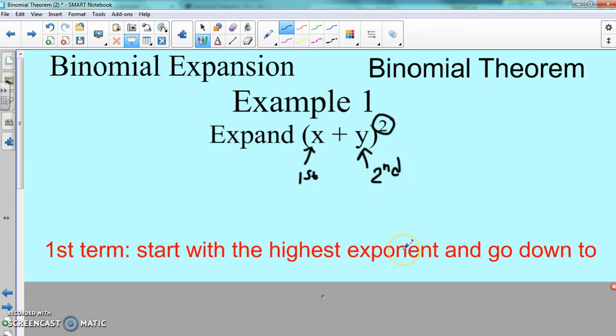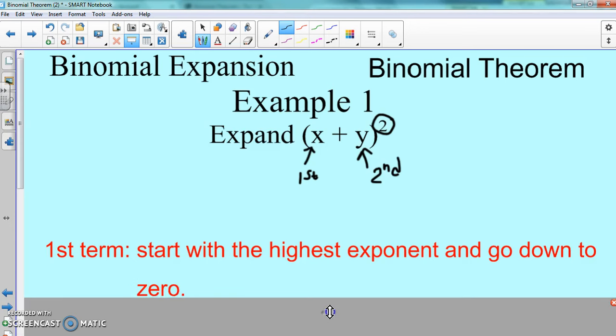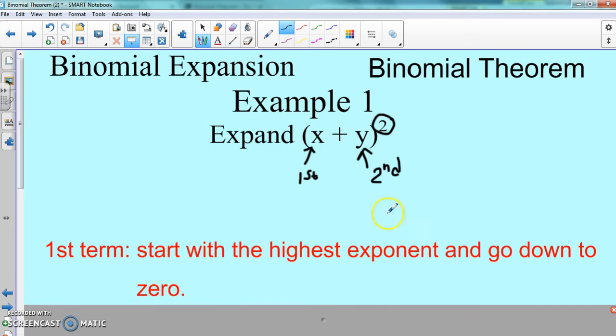So when we start expanding it now that we have the 1, 2, 1, for the first term, which is the x, we're going to start with the highest exponent and go down to 0. So our highest exponent is this part right here.